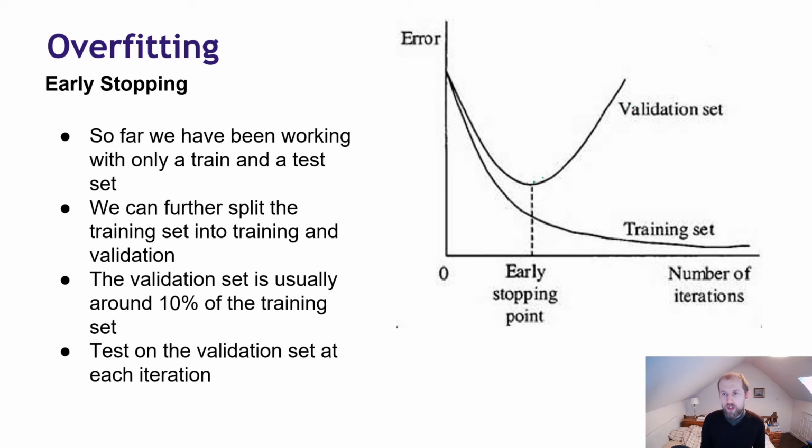And as soon as you see that the validation error is starting to go up, then you can see that your trained model is overfitting. So even though the training error is going down, because your validation error is going up, you know that you're overfitting. So you can code the network to automatically stop when it sees this trend, that the training error is going down or staying even and the validation error is going up.